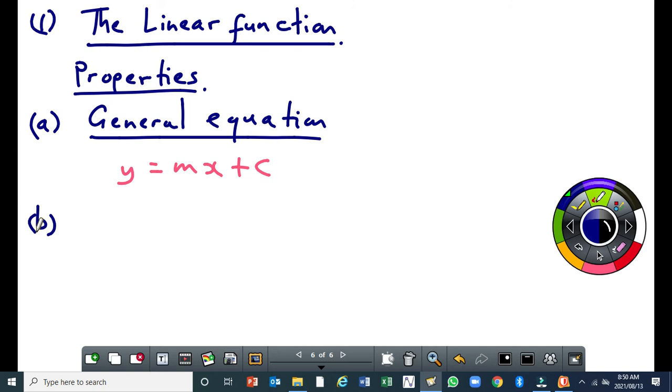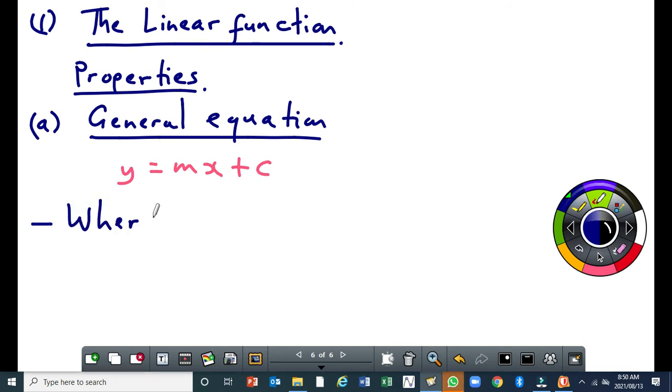Let me change that and say where m is the gradient.